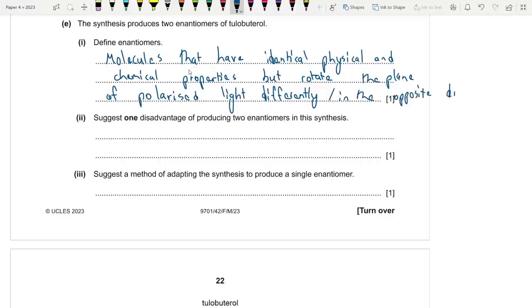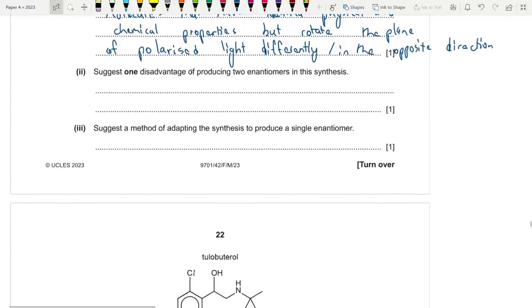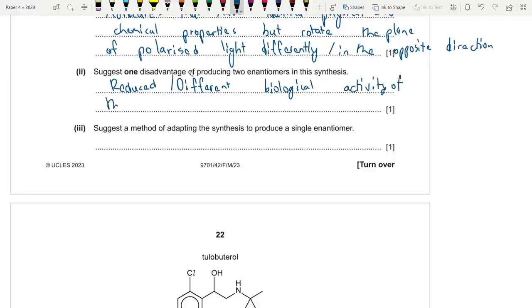Great question. So just one disadvantage of producing two enantiomers. Like one might be biologically useful, right? But the other might be useless, harmful, toxic. Reduced or different biological activity of the other enantiomer, the useless one.